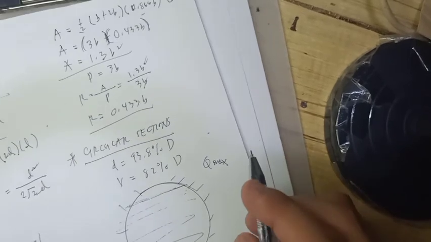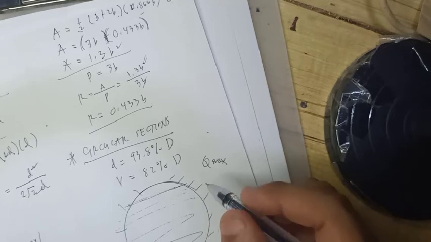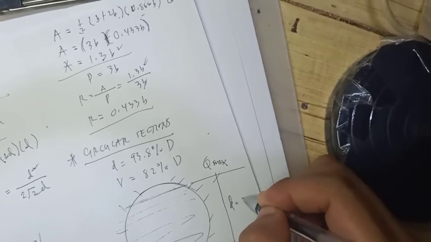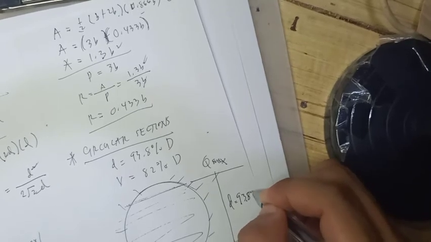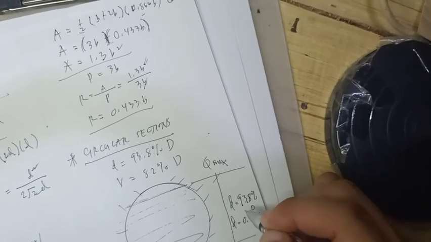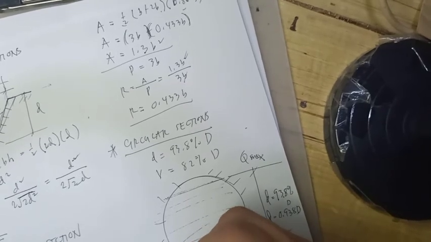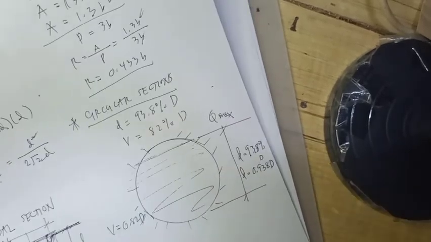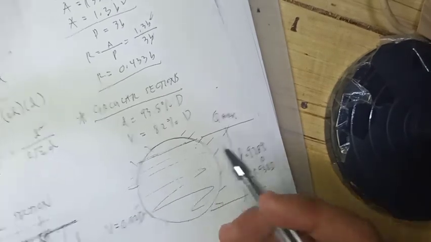Ganyan. Diba sabi naman discharge, then yung D natin is 93.8% of diameter, or simply 0.938 D, while yung velocity is 0.82 D, no, 82%. The most efficient cross-section of circular section is the semicircular, no? Kung semicircular lang.